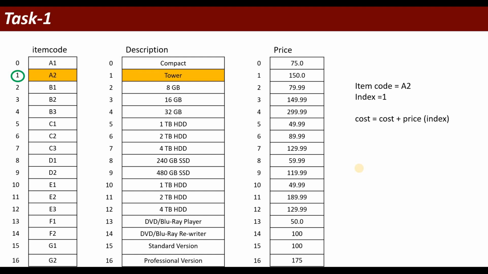Whatever item code I select, it will give me an index, and by using that index I will extract the price of the respective component. Cost equals cost plus price, and by default cost is 0. At the start the initial cost is 0 plus 150, so total cost is 150.